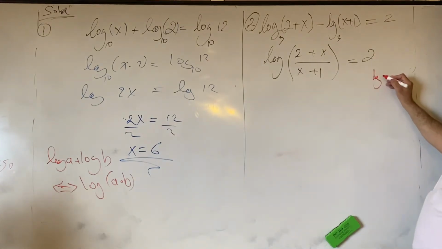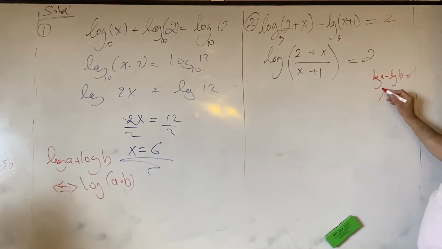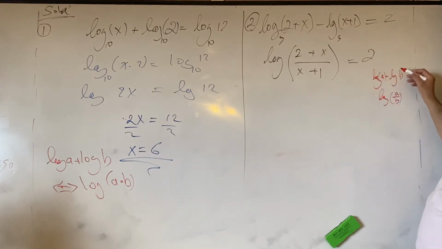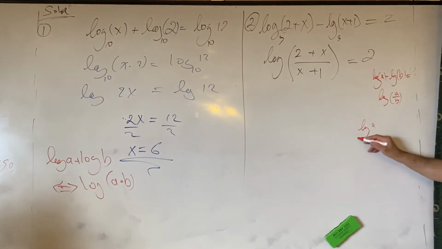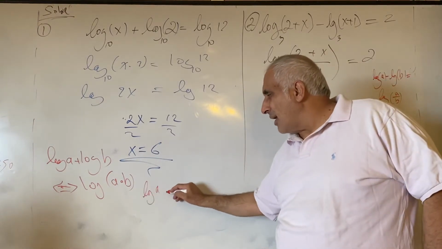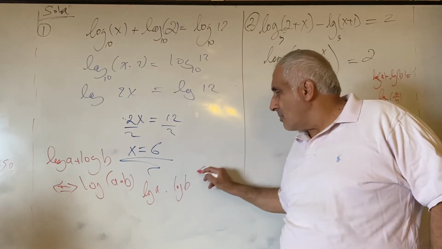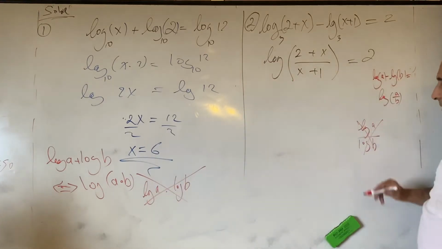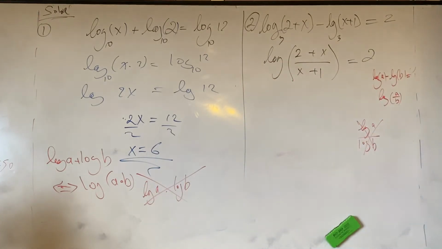Log A minus log B equals log A divided by B. But remember, there are many other issues that's wrong. Sometimes people say log A over log B. Some people say, here, I understand, I'm so good. It's a log A times log B. Remember, these are misconceptions; practice makes perfect.